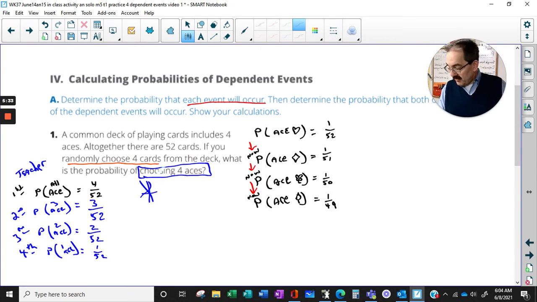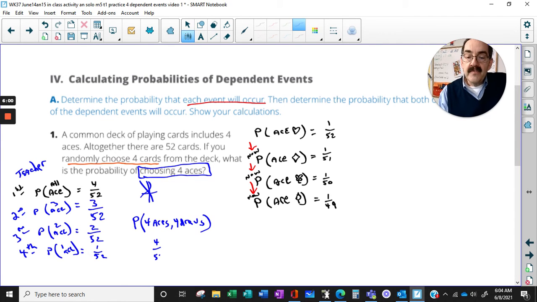Okay? If you just reach into a deck of cards and grab 4 cards, 1, 2, 3, 4. Getting aces. All aces. Alright? That answer, probability, 4 aces in 4 draws, is not very likely. Okay?